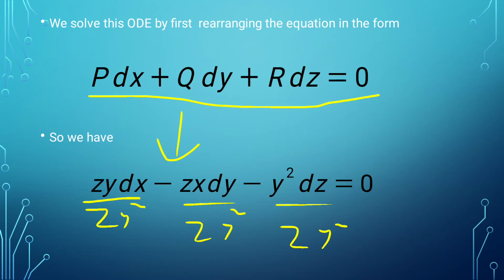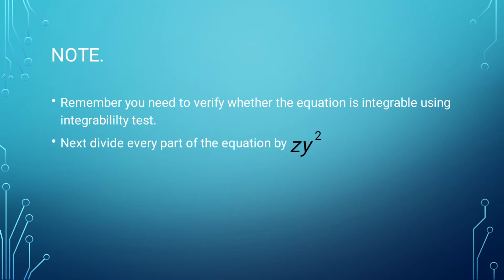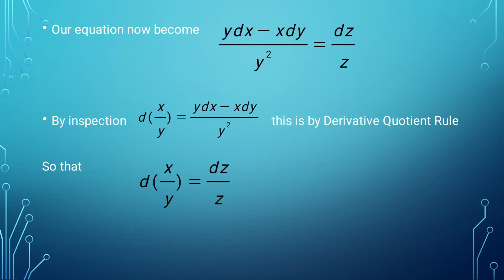If we divide this by that, we get this kind of relationship, so our equation becomes this way.